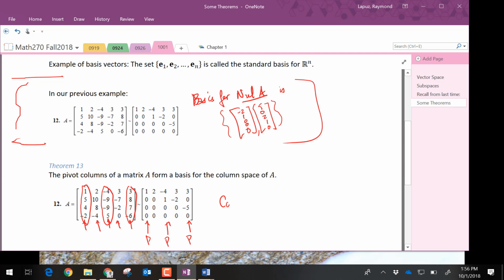So Col A is the span of all 5 vectors, right? But those 5 vectors are not linearly independent, so I can just pick the linearly independent vectors. And it turns out that they are just the first, third, and fifth columns, according to the row reduction that we did.